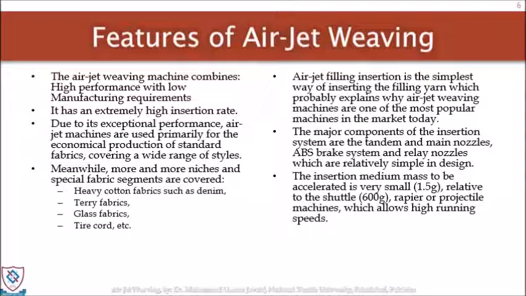Only 1.5 grams of mass is transported for each pick, as compared to a shuttle, where on average 600 grams must be moved from one side of the machine to the other for the insertion of the weft. So it is also saving energy, as we require less energy for each pick to insert the weft.